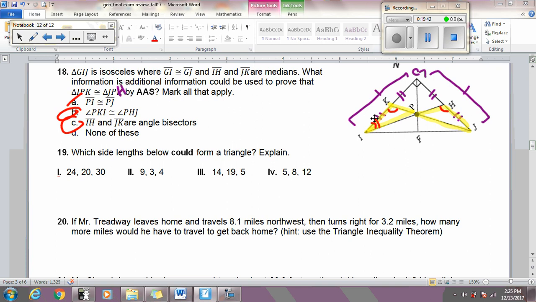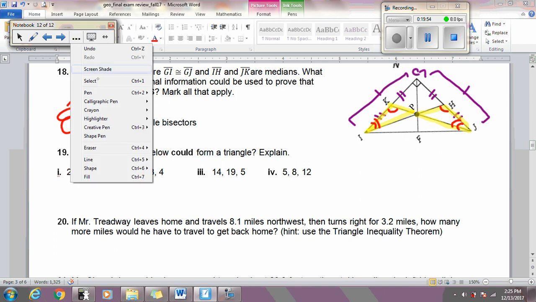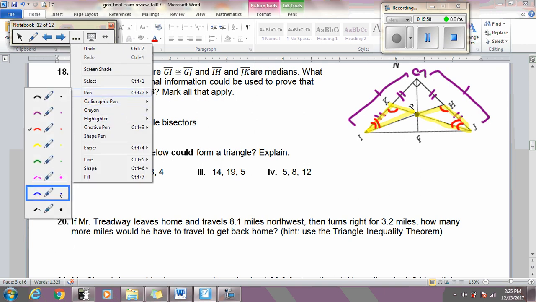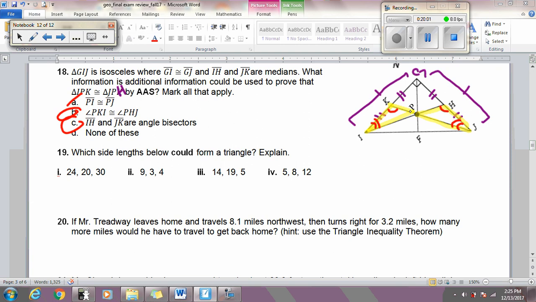Now, currently, on my picture, you see angle, side, angle, right? Well, there's another set of angles that we can never forget to mark anytime we see them. You should recognize KPI is vertical with HPJ.